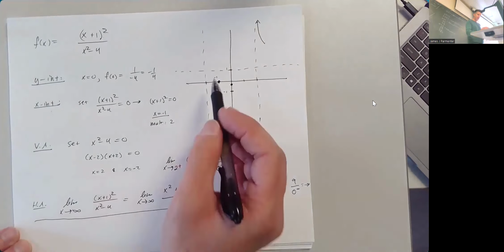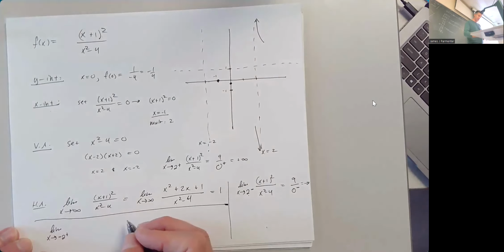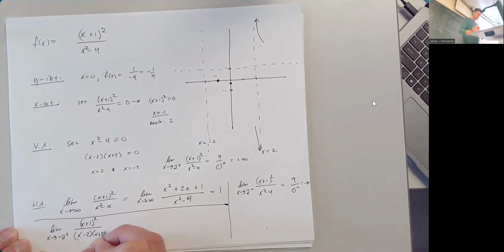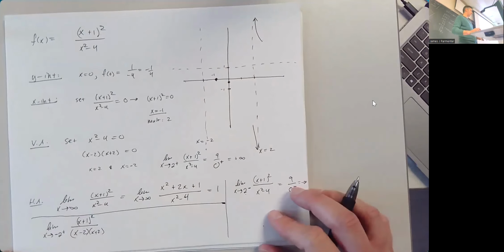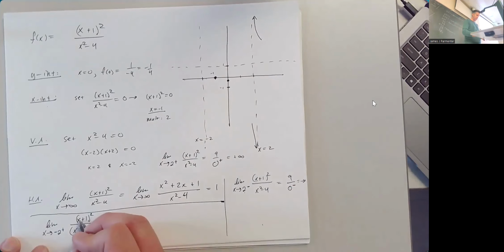If we look at -2, the limit as x approaches -2 from the right. Now I am going to factor the denominator. I'm going to write this as x plus 1 squared over x minus 2 times x plus 2. This is where I feel like things are a little bit harder to make sure that we do right. So on top, -2 plus 1 is -1.